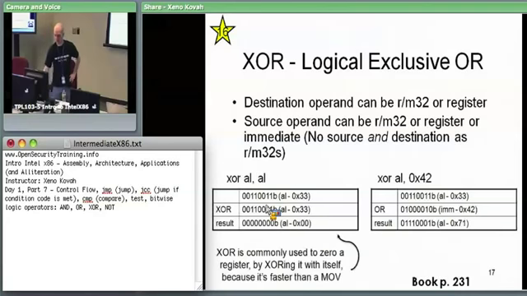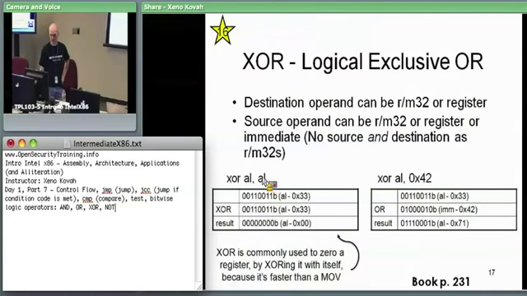Here's XOR, right? We just say that they both have to be different in order to do anything. So for that purpose, you'll see a common special case of XOR frequently. If you XOR something with itself, by definition, the result will always be 0, because something can only be true under XOR if they're not the same.